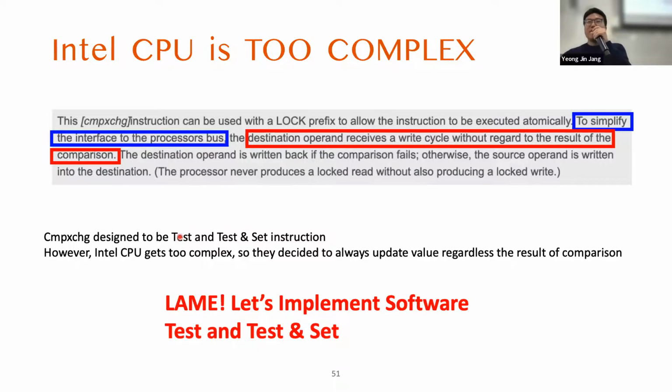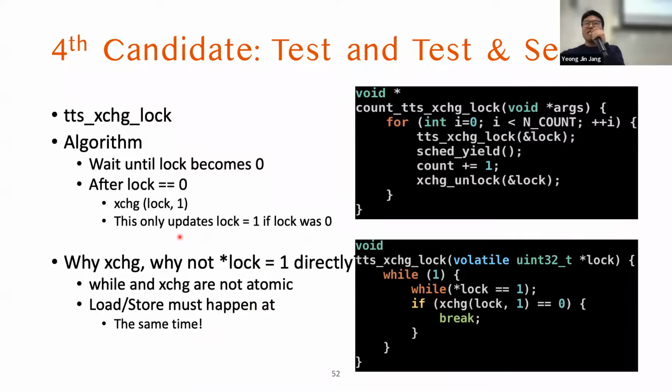But because now we have an exchange, based on the exchange atomic instruction, we can actually create the software version of the test and set. And then let me introduce how we can do that.